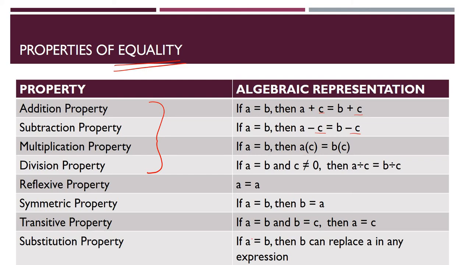The transitive property. If A equals B, and we know that B equals C, then we can say that A equals C. And substitution, if A equals B, then you can put B in place of A in any expression. These should be pretty self-explanatory, and they're things that you used in algebra. So let's take a look and see what we want to do with these.